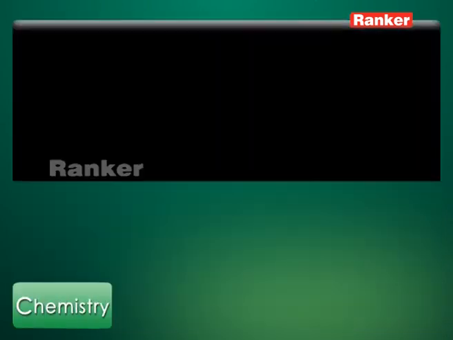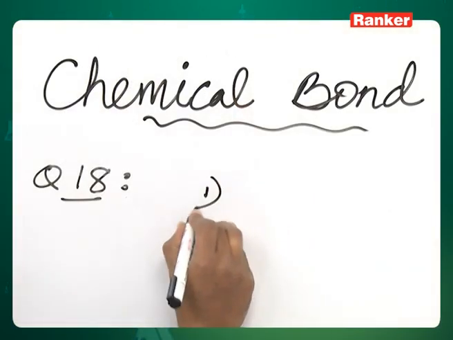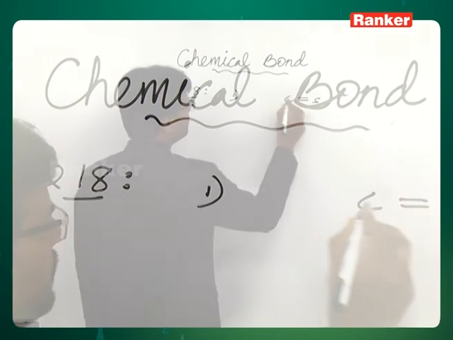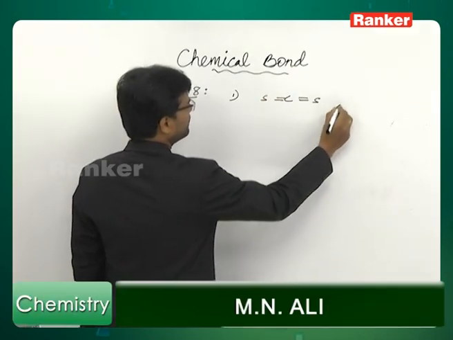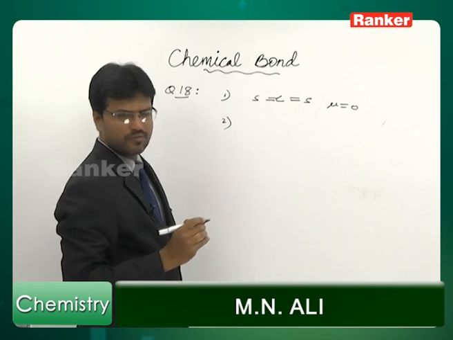Question 18. Which one of the following has a dipole moment? First option CS2, second option CCl2F2, third option SO3, fourth option SnCl4. Look, CS2 is a linear molecule and therefore mu is equal to 0, non-polar, no dipole moment.